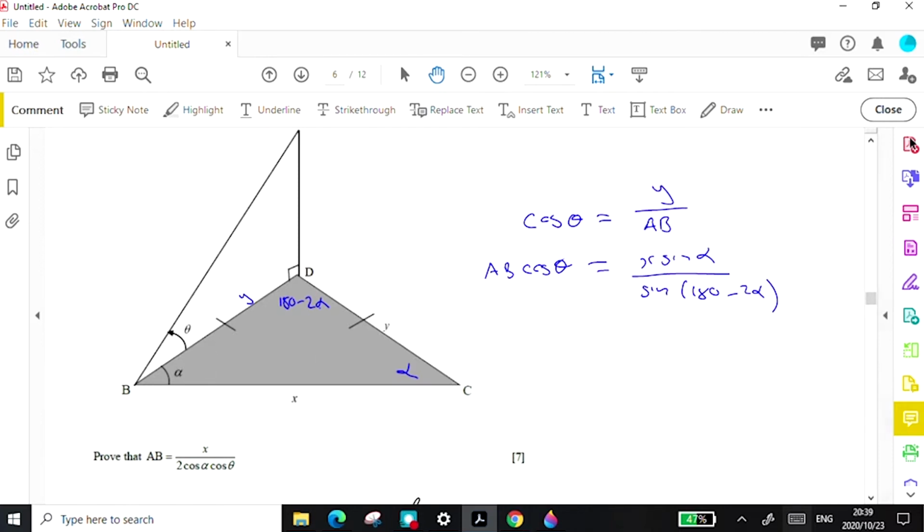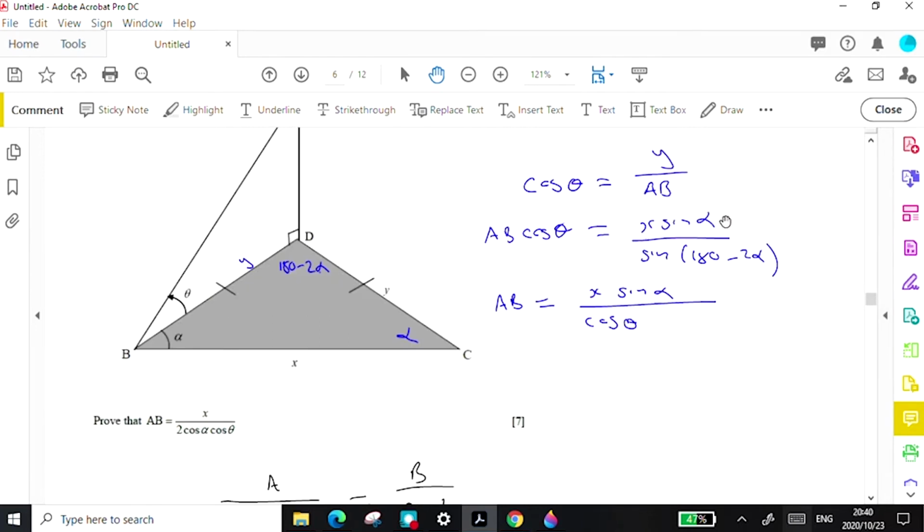So simplifying, we have AB is equal to x sine alpha divided by cos theta multiplied by sine of 2 times 90 minus alpha.